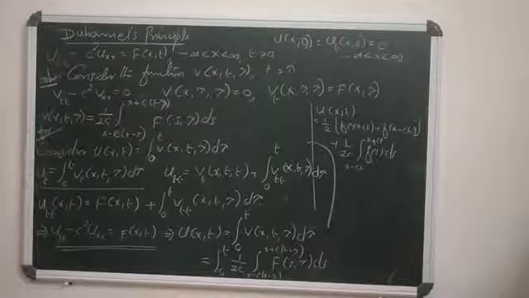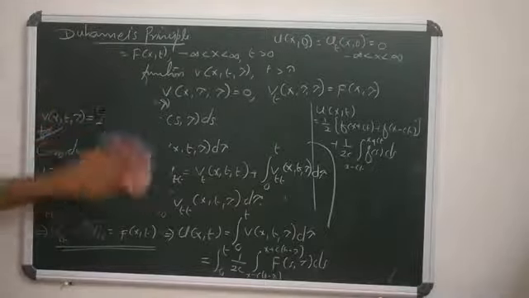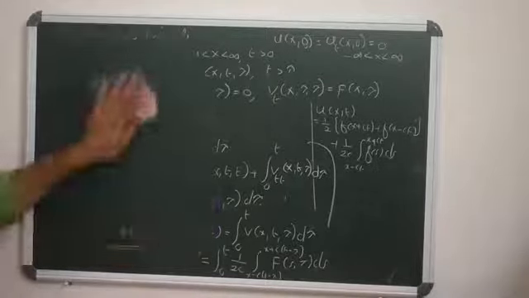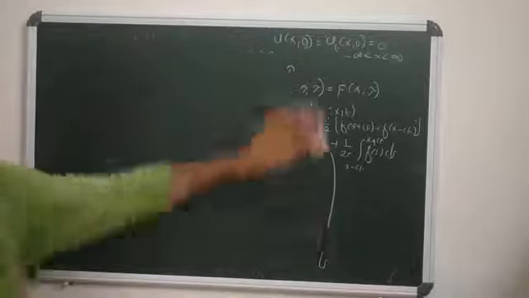Duhamel's principle is an important result. Now there is a problem that is solved with the help of this Duhamel's principle. The problem is ut minus kuxx equals f of xt.